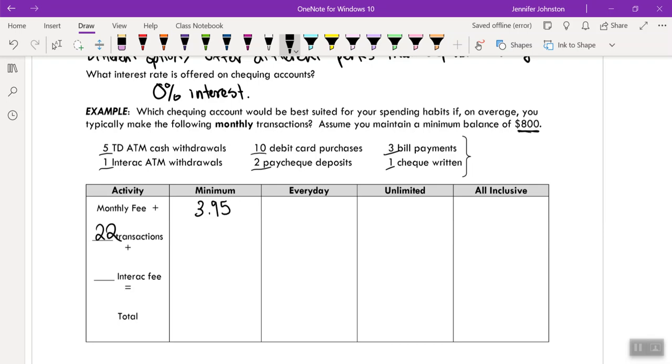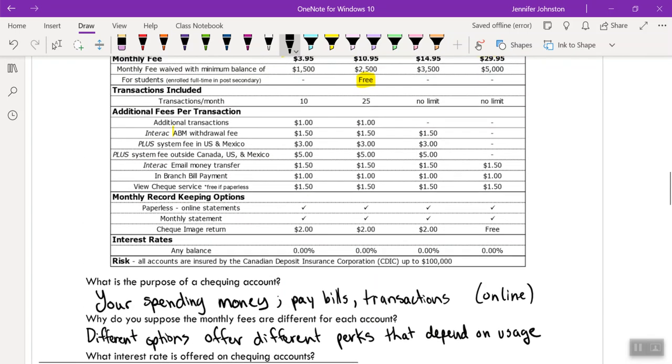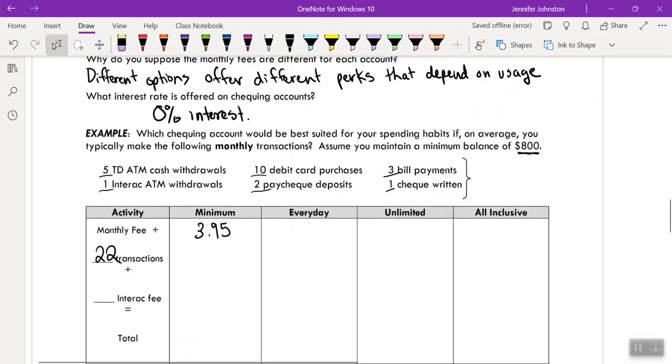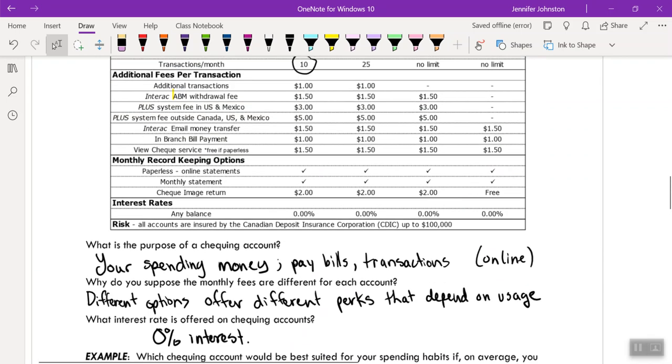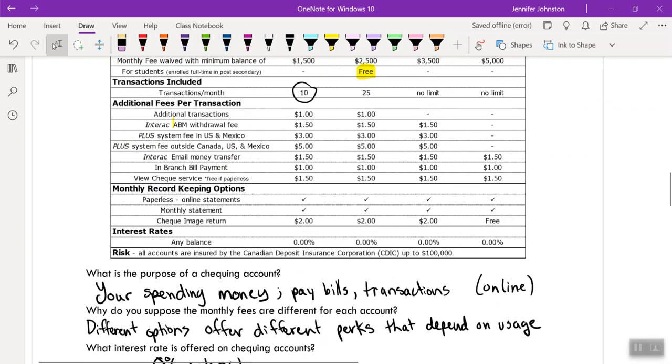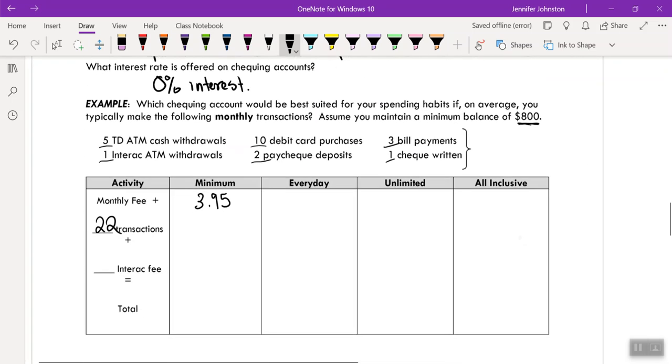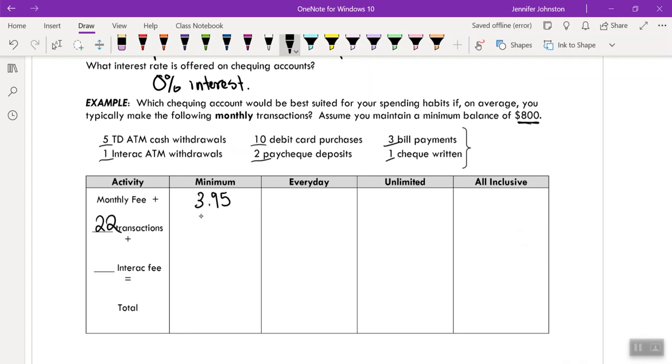All right, so if we made 22 transactions, are we paying any monthly fees? Well, here it only includes 10 transactions and we just made 22. So for the first 10, you get them free, but for any additional transactions after that, we have to pay $1. So how much money are we going to be paying?